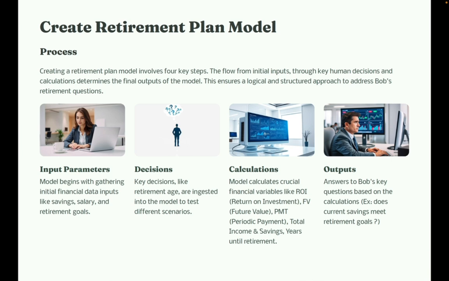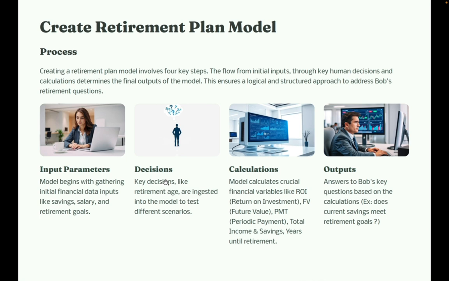Let us see how I created the retirement plan model. The process to create the retirement plan model involves 4 key steps. The flow between each one of these 4 steps is crucial in order to arrive at a logical and structured approach to address Bob's retirement questions. The first, input parameters section, begins with gathering key financial data inputs like savings, salary, and retirement goals.